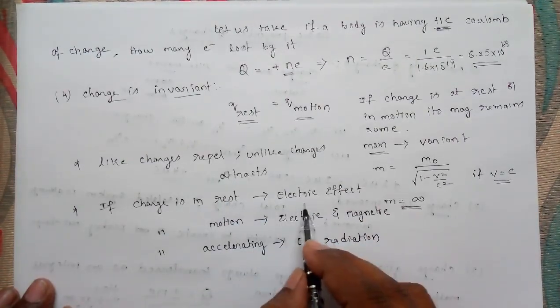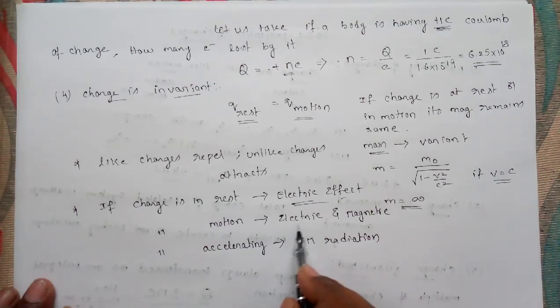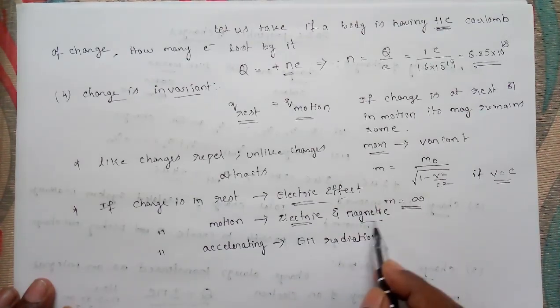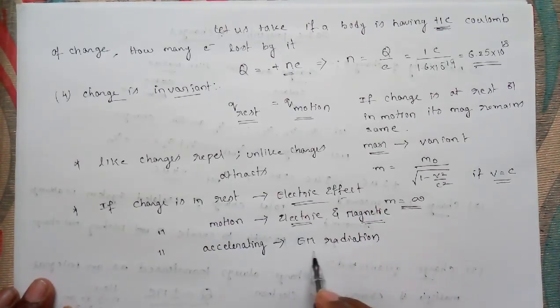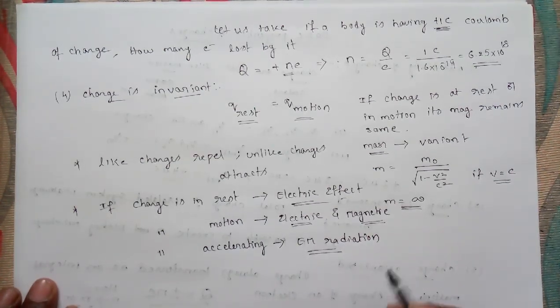So if the charge is at rest, it produces an electrical effect. If it is in motion, it produces both electrical and magnetic effects. And if it is accelerating, it produces electromagnetic radiation. We will discuss in the electromagnetic radiation topic how electromagnetic radiation is produced.